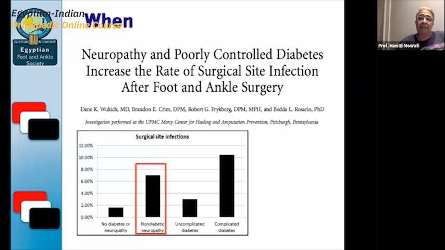With uncomplicated diabetes, the risk is about 3%. But with complicated diabetes, meaning a neuropathic foot and also uncontrolled diabetes, the risk of infection increases to above 10%, reaching 11%.